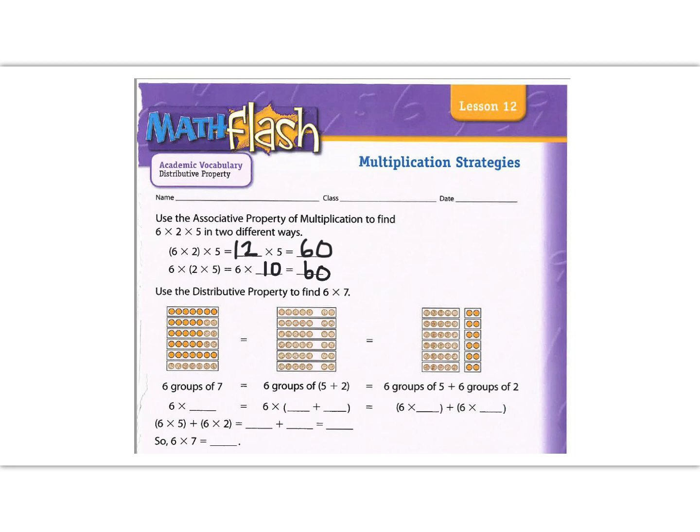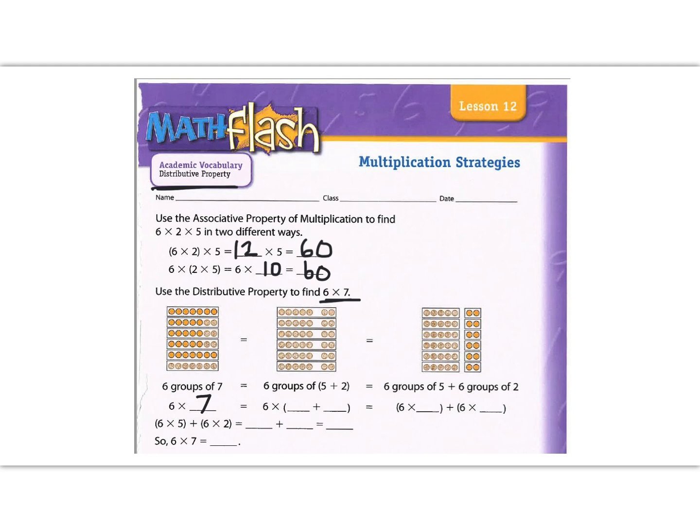Now this says use the distributive property, the new one that we're talking about, to find 6 times 7. Well, what they did here is they did 6 groups of 7. So you would do 6 times 7. And then what they did is they did 6 times 5 and then 6 times 2.